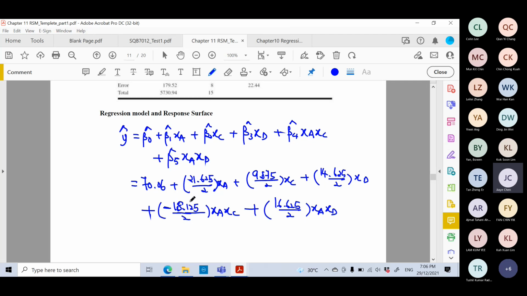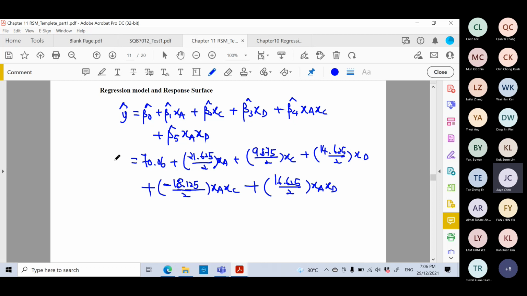So we have the following equation here. From this equation, if you want to know what your result is if you run all of them at the low level, or some of them, XA, XC, and XD, at different levels.